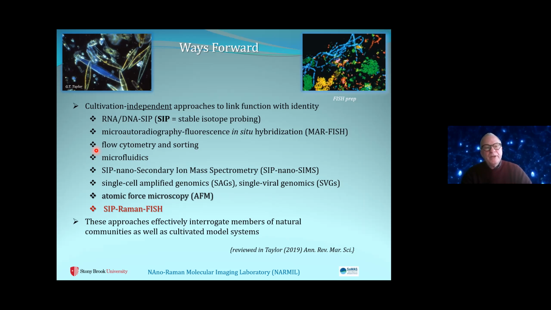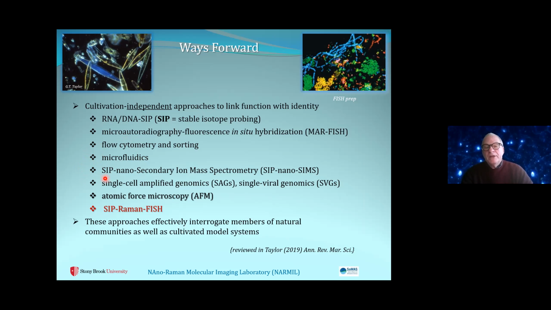Flow cytometry has been a very, very powerful technique. Coming into play now are microfluidics, which I really don't have time for, and I'm sure you've heard about SIP nanoSIMS, given that Professor Foster is a user of that technology.